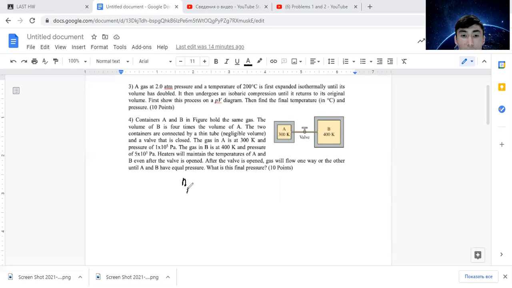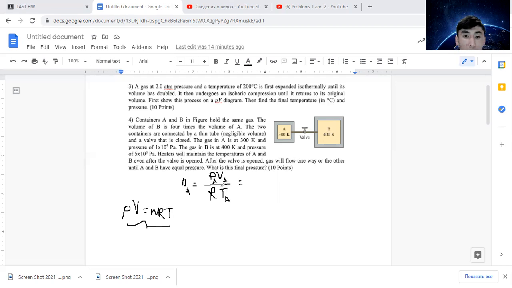Let's find that in A, the first container. We know the ideal gas law, PV equals nRT. So in this equation, we can find the number of moles: PV over RT, right? Here, container A, VA over TA.